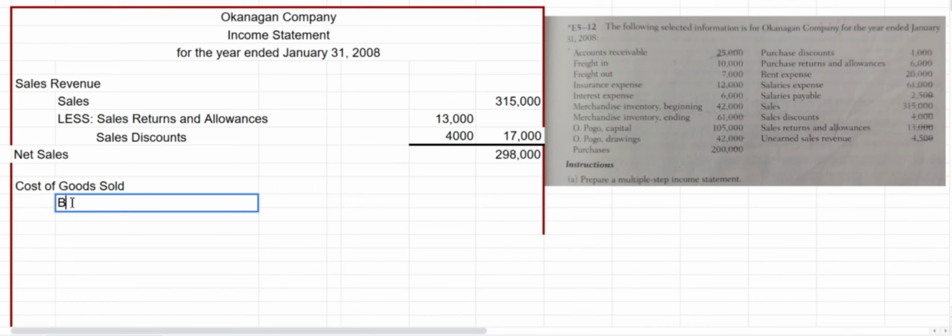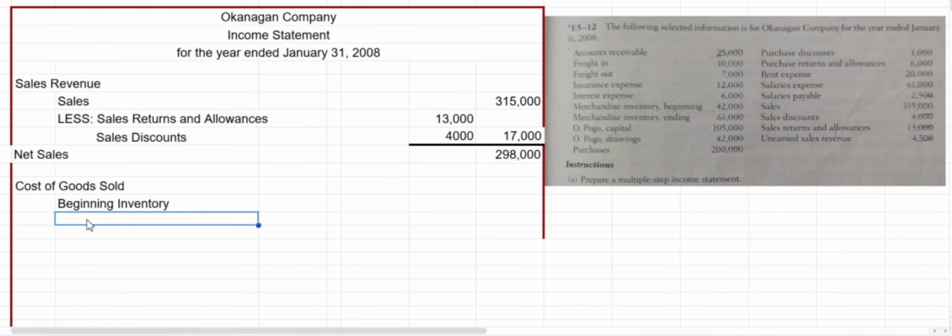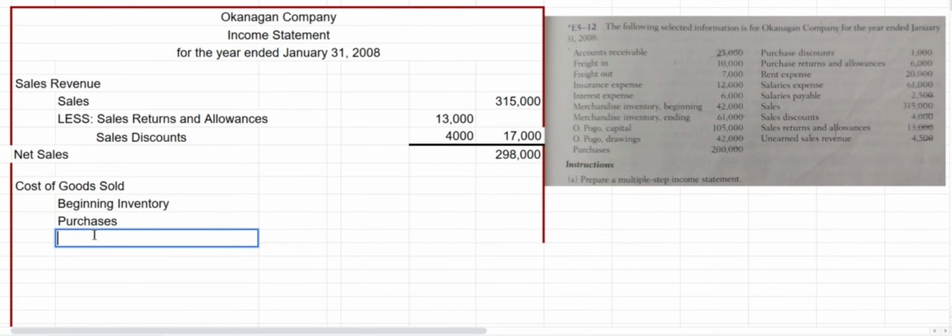So to calculate cost of goods sold, you take the beginning inventory, and then the next account is purchases, which is kind of like merchandise inventory in the perpetual system.